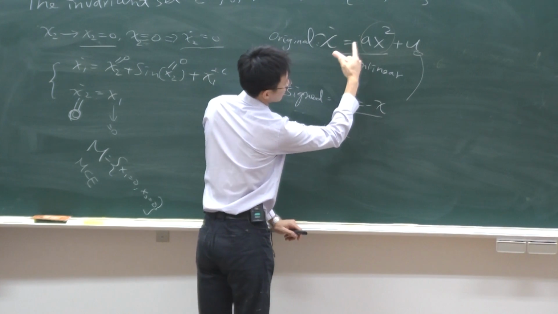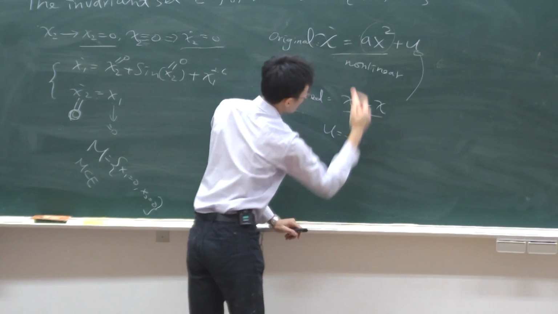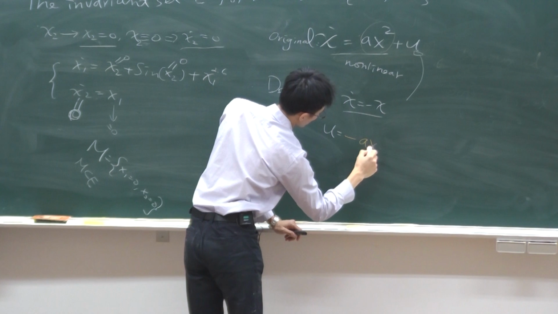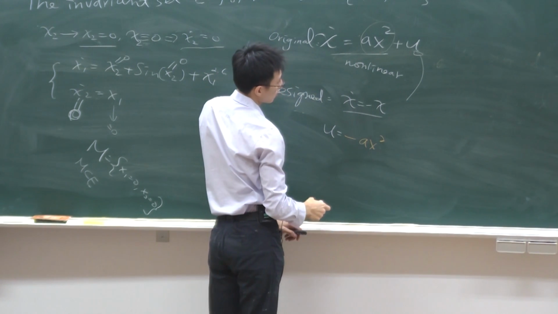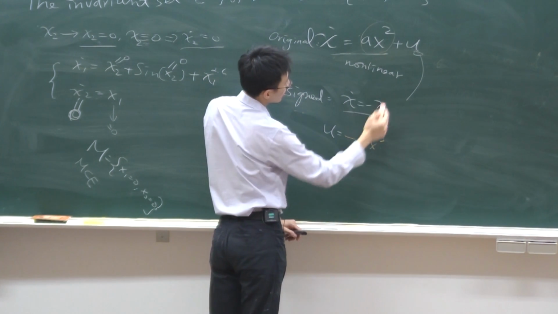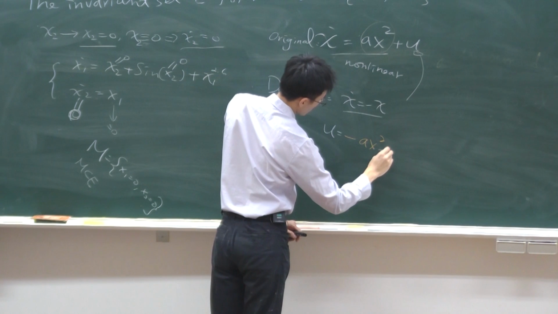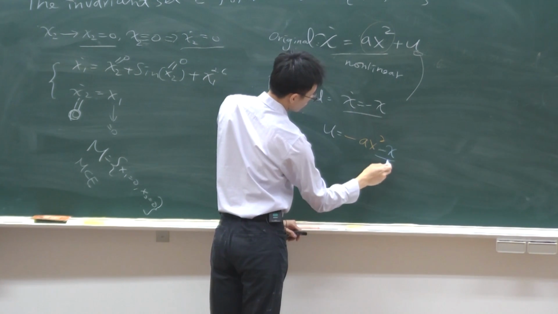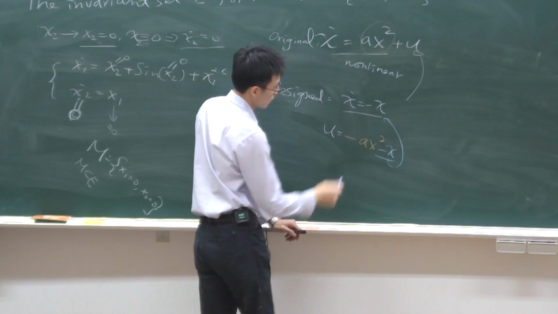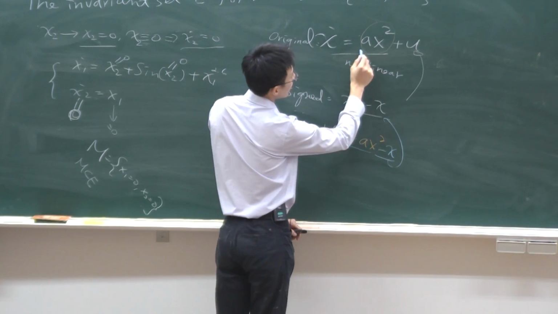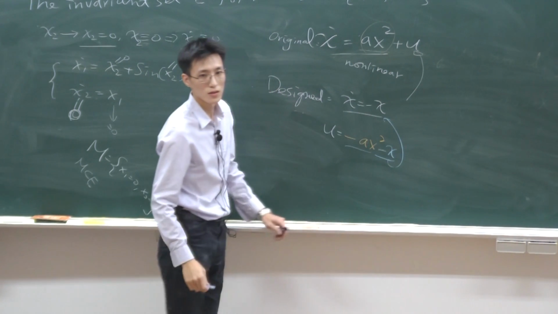So you put a minus sign here, minus of this, which is minus ax squared. And minus x, which is for this. And this cancels out this term. Understand?